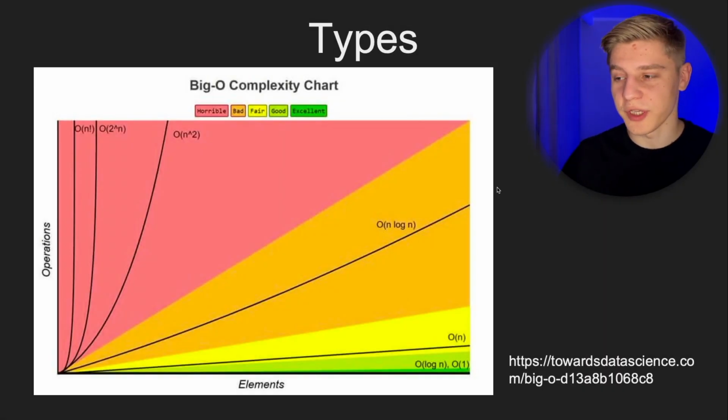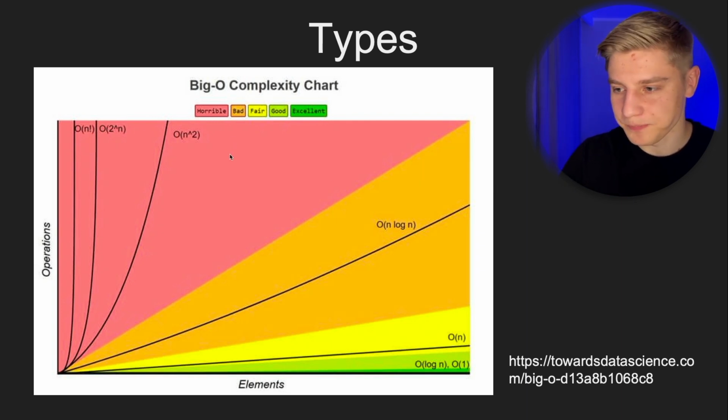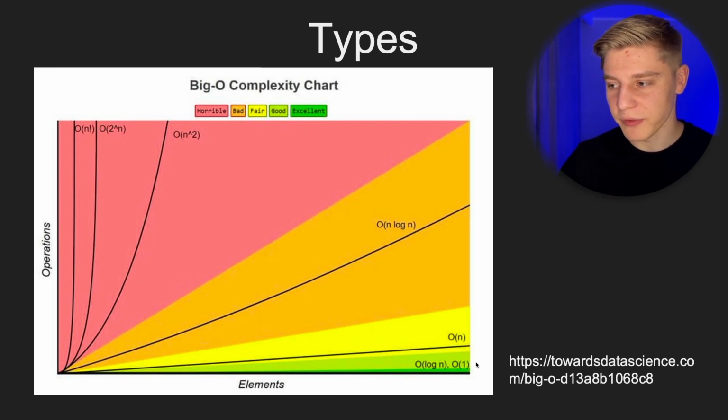Types of Big O notation. I found this chart that shows all of the important time complexities that you should know, and it nicely visualizes them. So on the bottom axis we can see elements, and on the left-hand side axis operations. We can see that O(1), which is constant time, is the fastest one because it doesn't matter how many elements we have, it always will take the same amount of time.